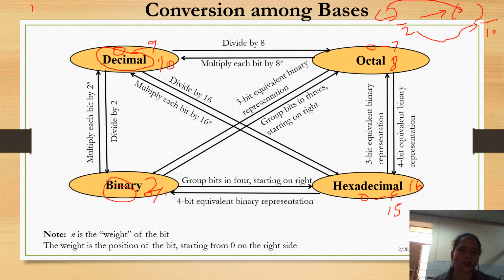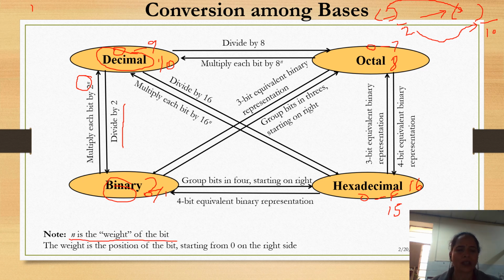Now this is the pictorial diagram of how we can convert them. If we want to convert decimal into binary, we divide the number by 2. If we convert binary into decimal, we multiply each bit by 2 to the power n, where n is the weight of the bit.